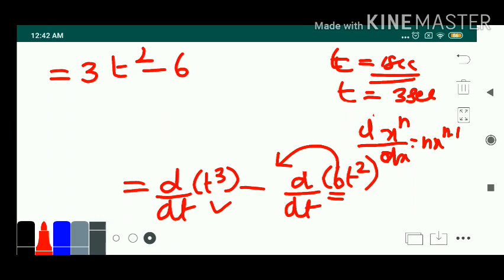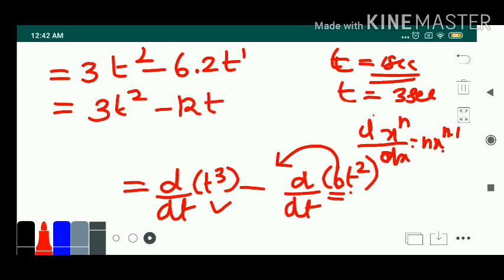Then it is d of t squared by dt. So again with this formula, n becomes 2, t raised to n minus 1, 2 minus 1, that is 1. So it is 3t squared minus 12t. That is the expression for ds by dt, right? So what is ds by dt? It is velocity, instantaneous velocity. V is equal to 3t squared minus 12t, that is the expression.